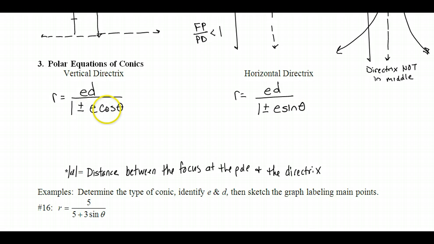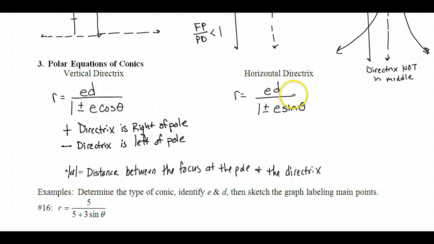Well, the plus or minus, we have to identify which way it's going to be. And if it's a vertical directrix, so you're using cosine, if it's positive, the directrix is to the right of the pole. And then obviously if it's negative or subtracting, the directrix is left of the pole.